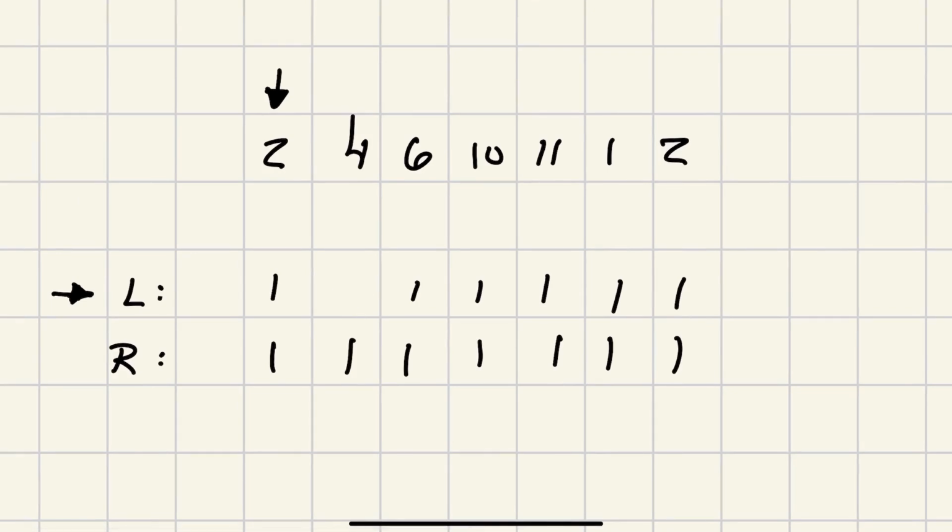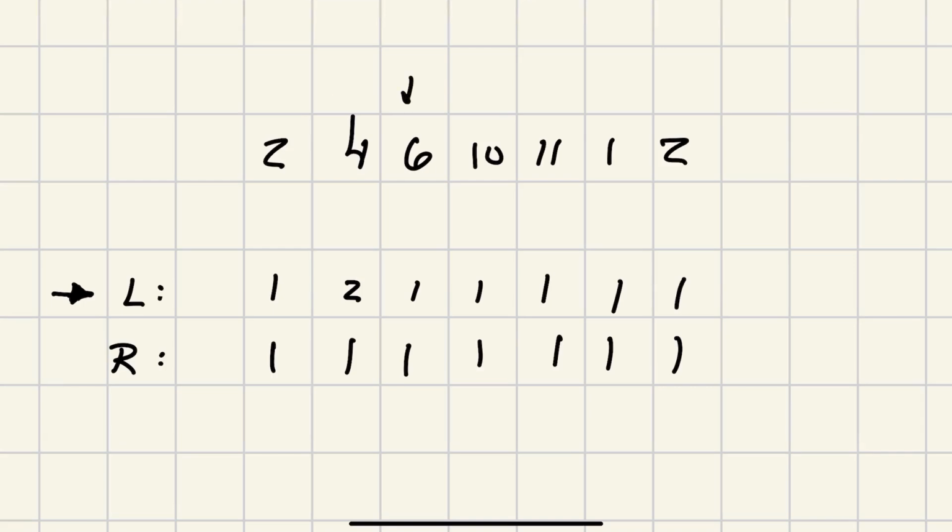Notice we skipped the first item because to the left of the 2 is nothing, so it's 1. So technically this 2 is to the left of the 4, right? Hope that makes sense.